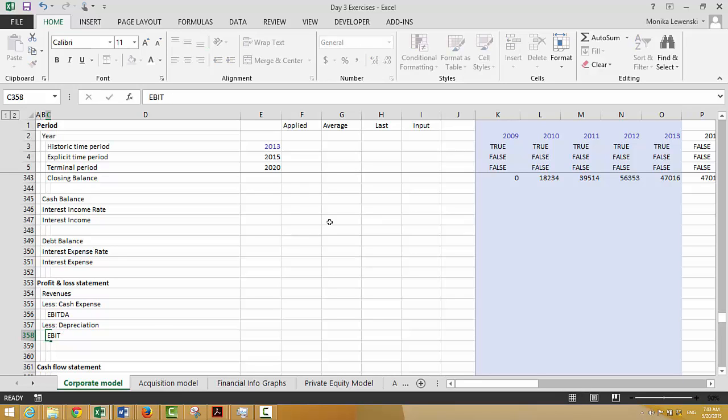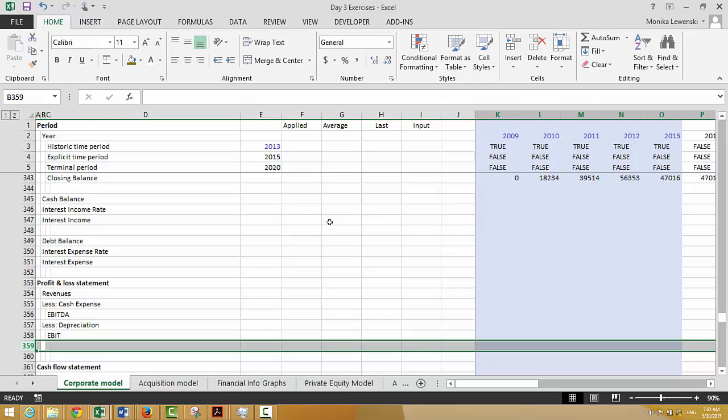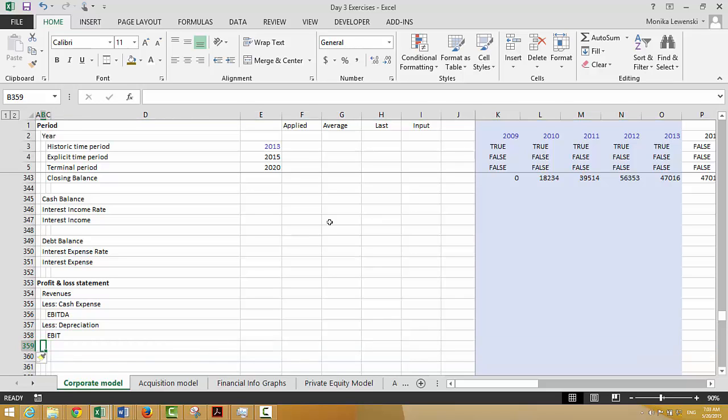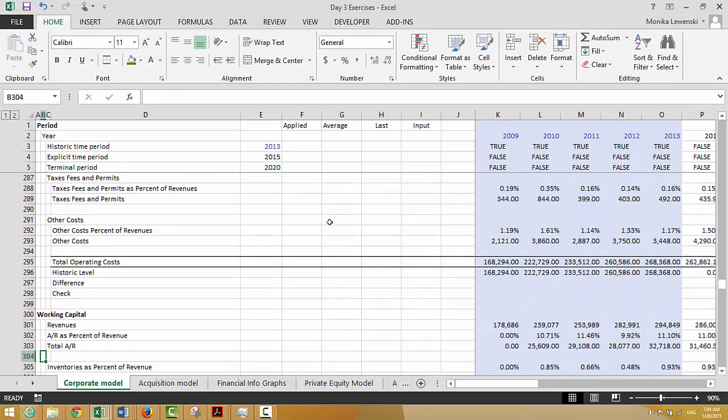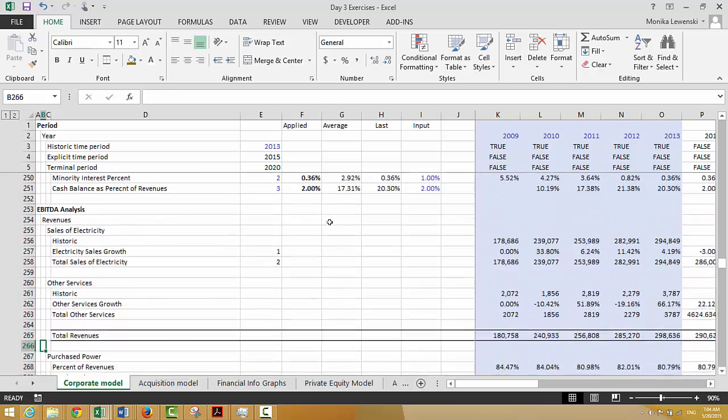EBIT. If you've seen some of the other videos, you know this already. Less the interest expense, plus the interest income, and let's also add the other income. The other income is an item that we put in our assumptions when we worked through the whole balance sheet.